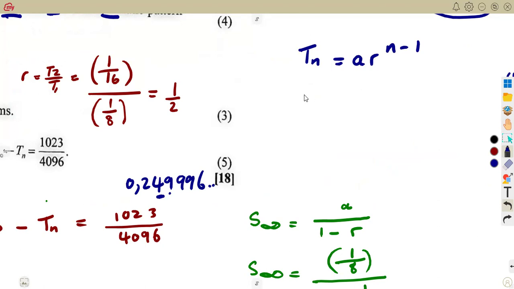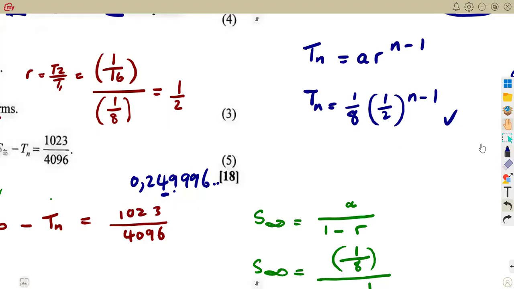So we can substitute this. Tn is equal to A, the first term, which we said is 1/8. We can even take it from our previous part. Our R is 1/2. So that's 1/2 to the exponent of n minus 1. This is the presentation of our Tn.